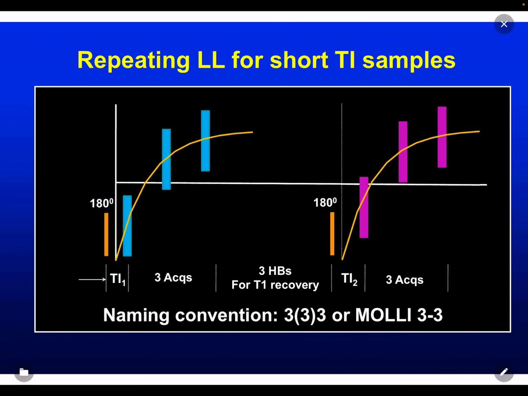We can use 2 Look-Lockers within one breath-hold. For the first Look-Locker, we use TI1. For the second Look-Locker, we use TI2. And in between, we wait 3 heartbeats for T1 recovery. The naming convention for this is MOLLI 333.